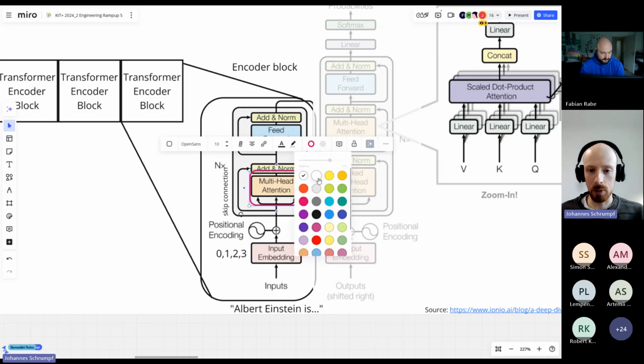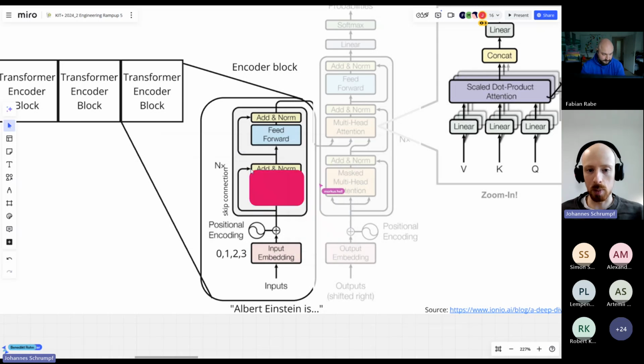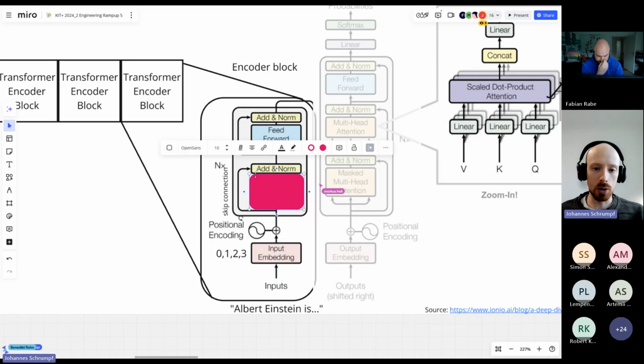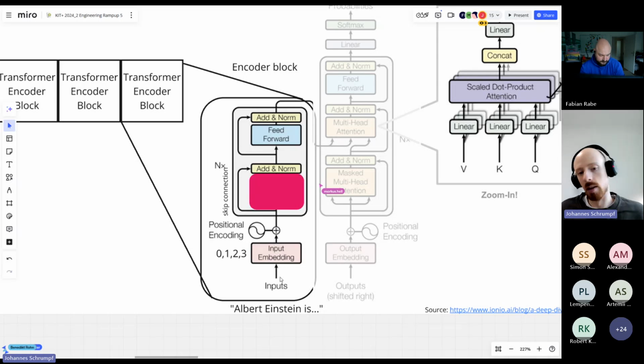And therefore, if we want to skip this processing step entirely, we need to still have access to our original input that came in from the very beginning of our processing pipeline.